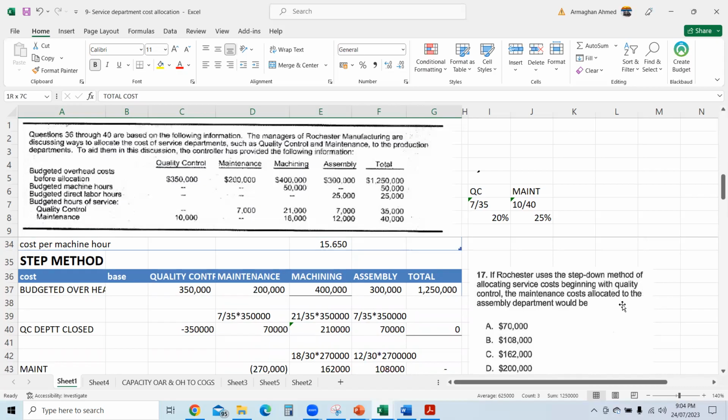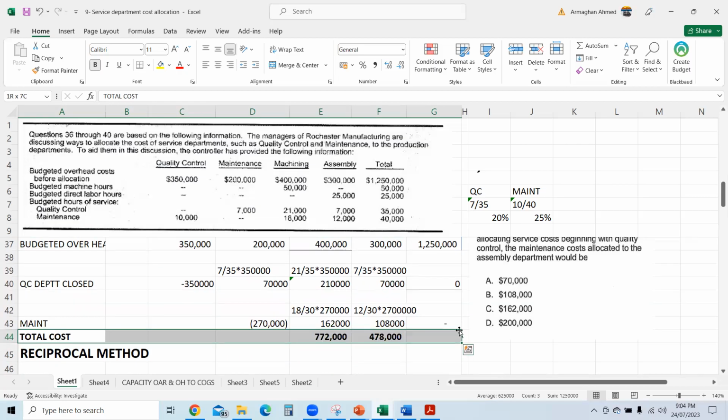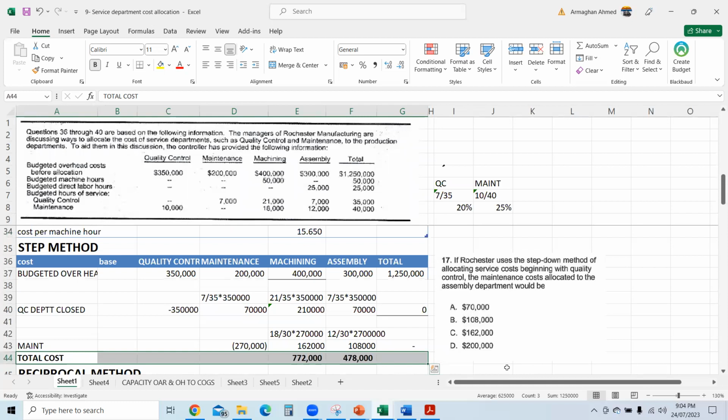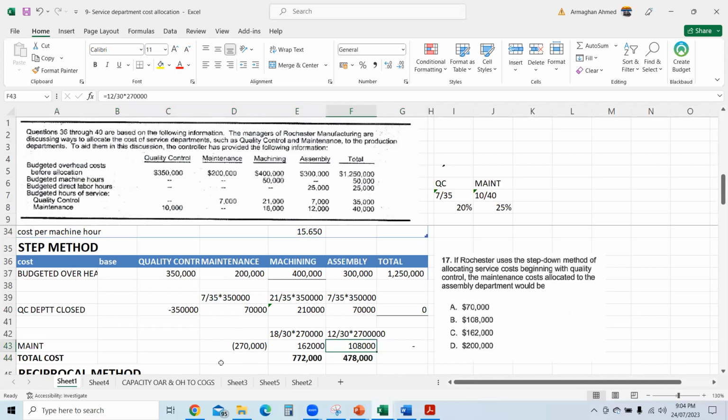So the maintenance cost allocated to assembly is 108,000. Understand?